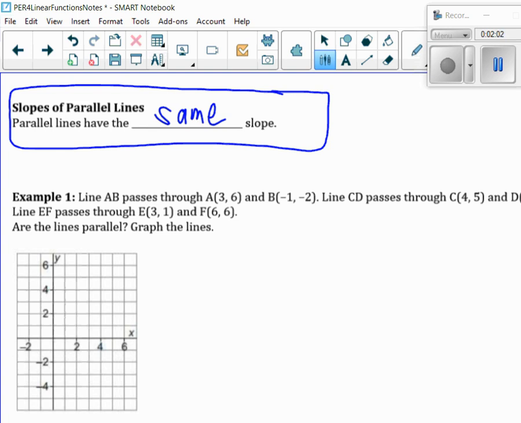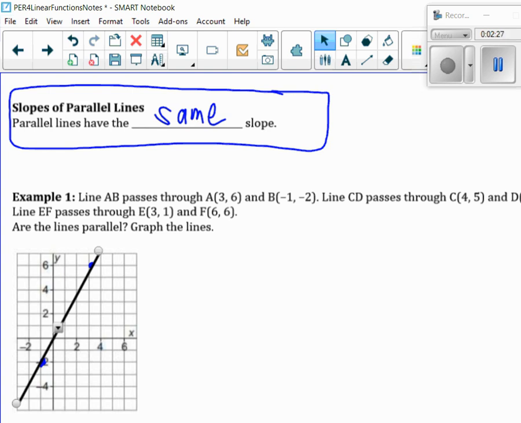Okay, so we're going to plot (3, 6), and we're going to use a ruler. Hopefully everybody has a ruler at this point. (-1, -2). And we're going to connect the dots here. I'm going to extend it. There we go.